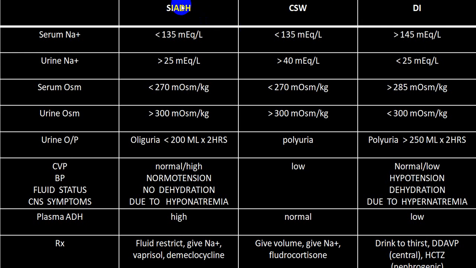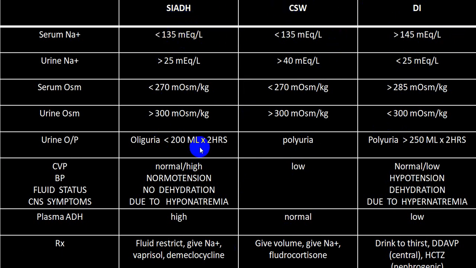This is the difference between SIADH, diabetes insipidus, and what we call central salt wasting syndrome. So these are the three conditions which are very closely differential diagnoses. In diabetes insipidus you will get hypernatremia, in SIADH and salt wasting you will get hyponatremia.